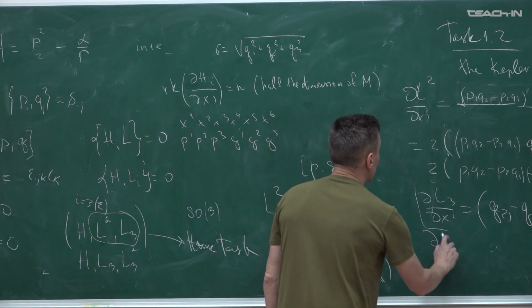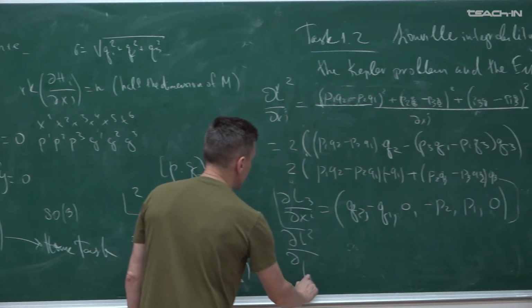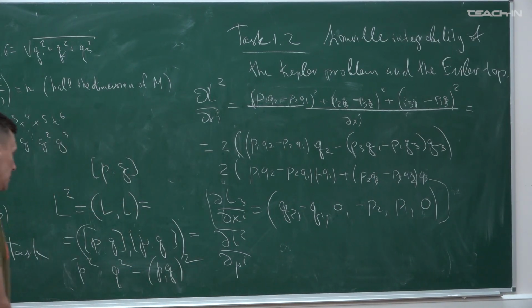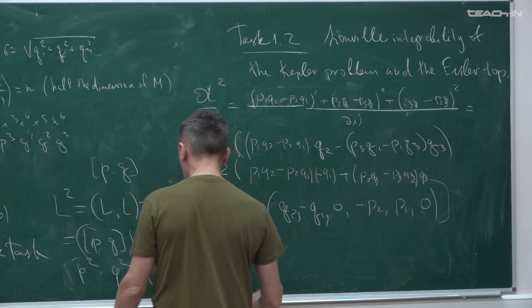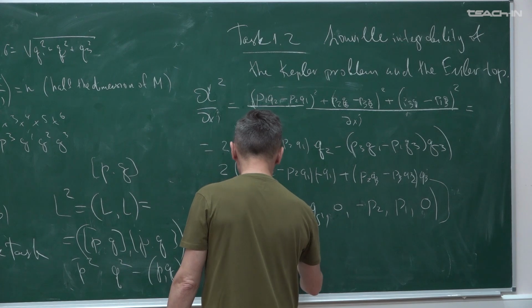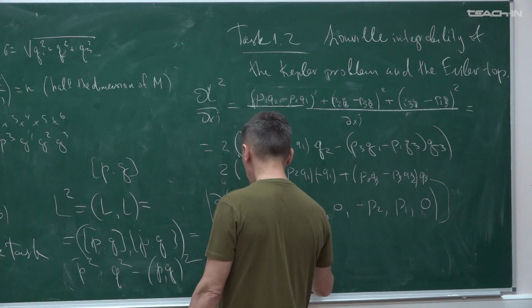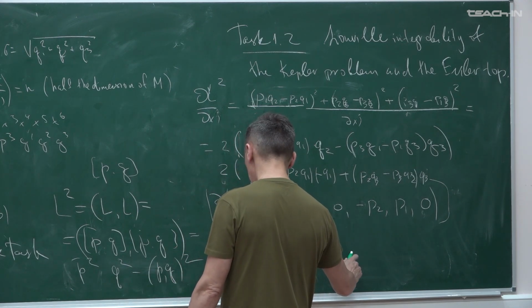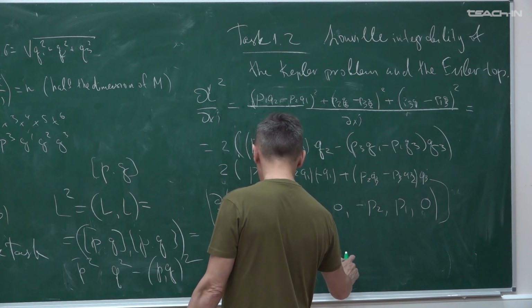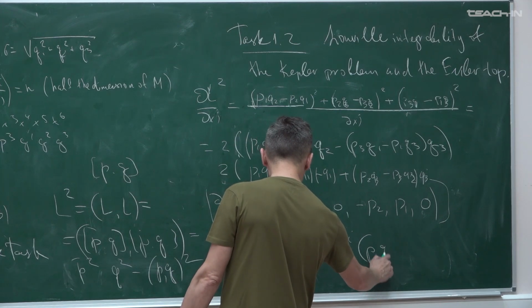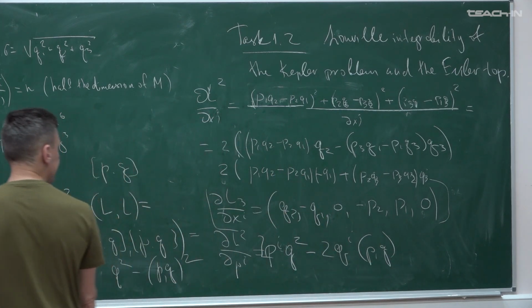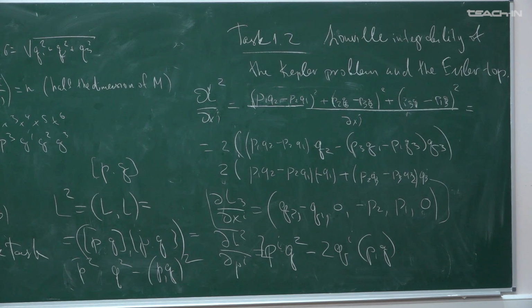So dL square over dPi. It's just 2Pi times Q square minus 2 times the inner product, which means Qi times PQ.